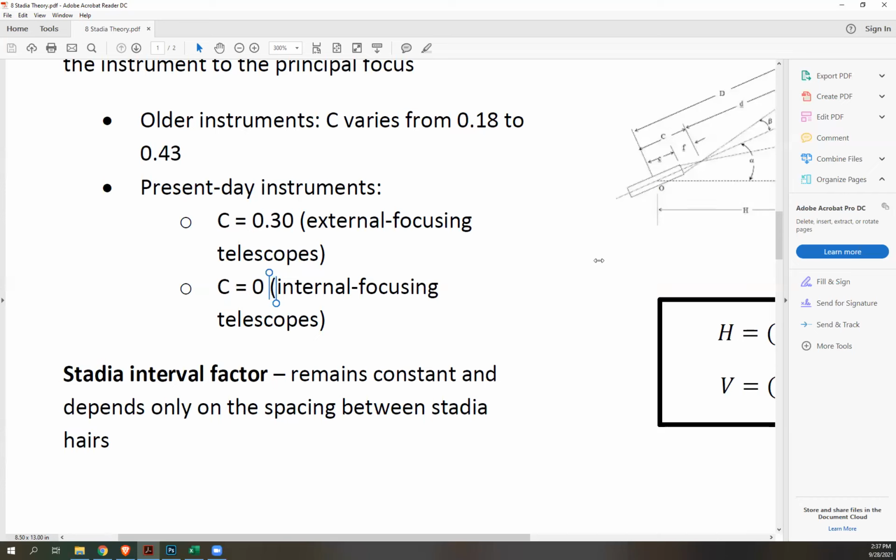And so it's a given. If you're given in the problem an external focusing telescope, automatic C is 0.30. Okay, yeah, I can see it now.